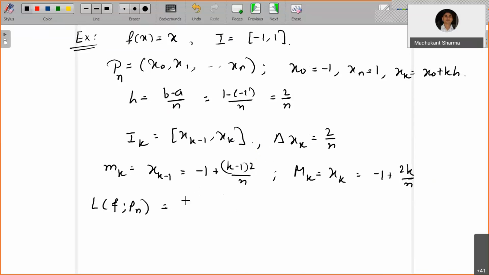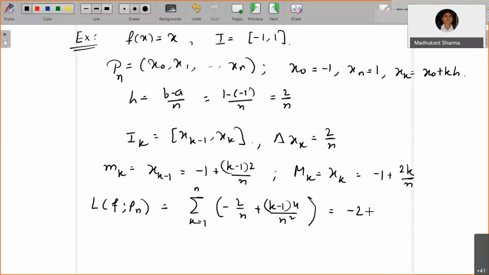That you can certainly find out. That is equal to the summation k equals 1 to n of small mk times delta xk. So that is minus 1 times 2 by n, so minus 2 by n, plus (k minus 1) times 2 by n, the square is 4 by n square. Now this is equal to minus 2 by n times the summation k equals 1 to n of 1, so 1 plus 1 plus 1 and so on n times, so n will get cancelled here.